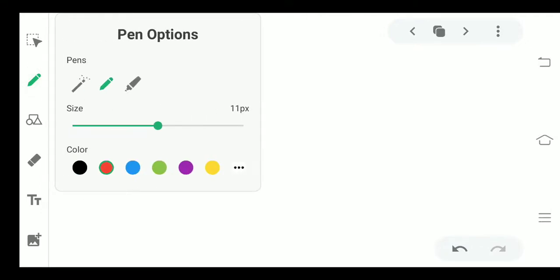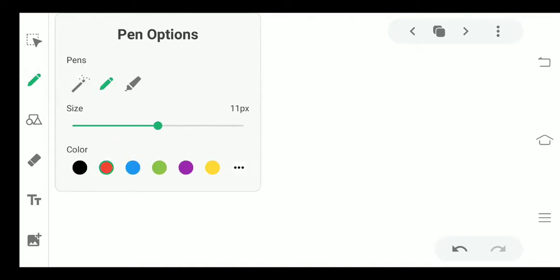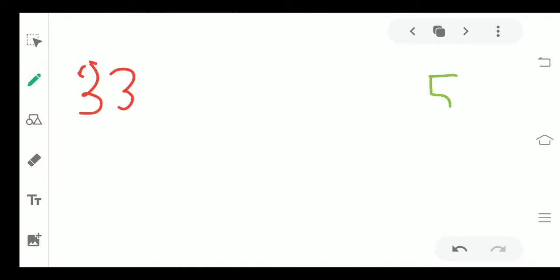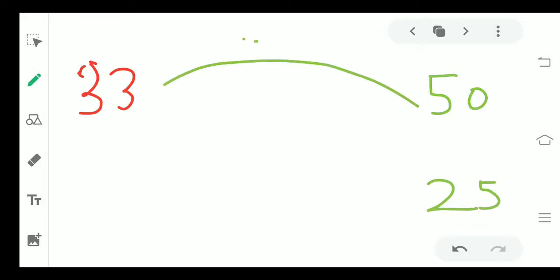Take another number, for example 33. The base for 33 is 50. Base derivative is 25. Just see how much 33 is less than 50. It is minus 17.